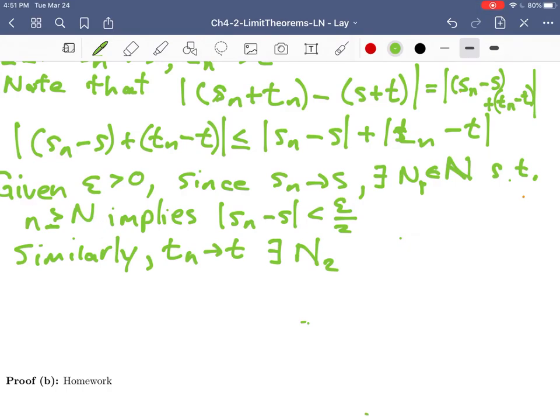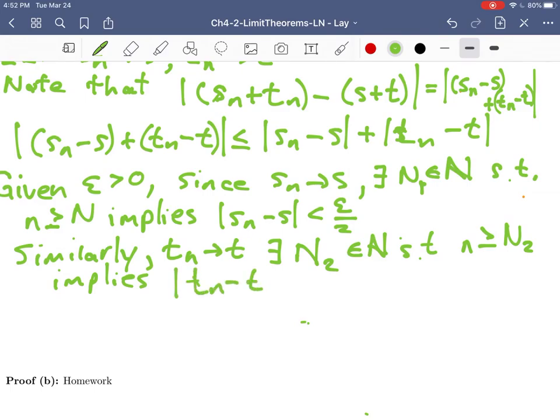So there exists an N2 such that n greater than N2 implies the absolute value of T sub n minus T is less than epsilon over 2.